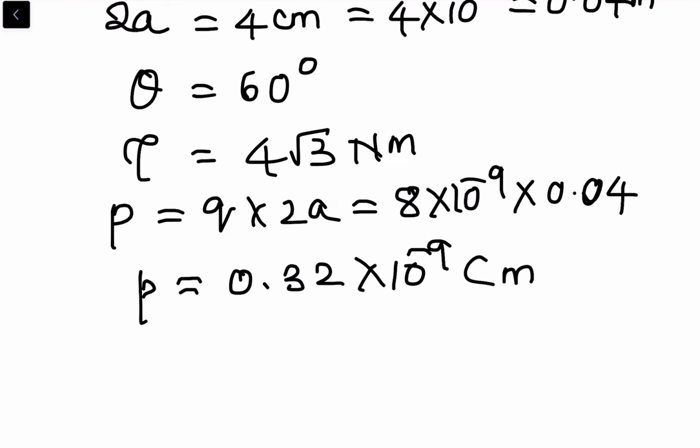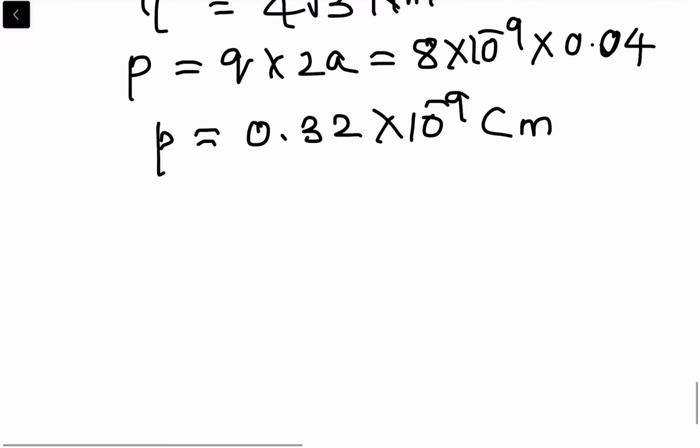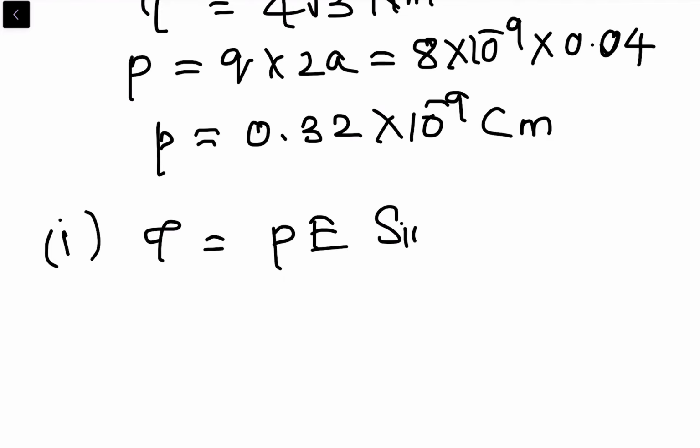So let's calculate the first part, number 1. Tau is equal to p E sine theta. They asked us to find the electric field.